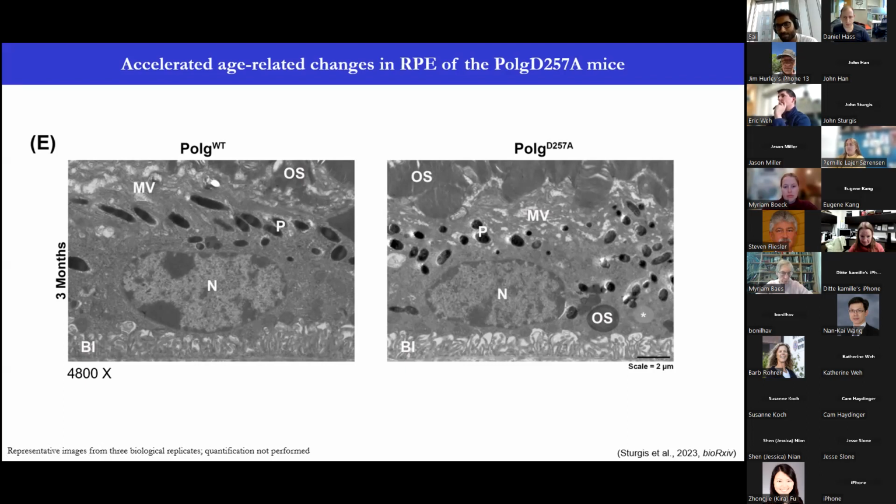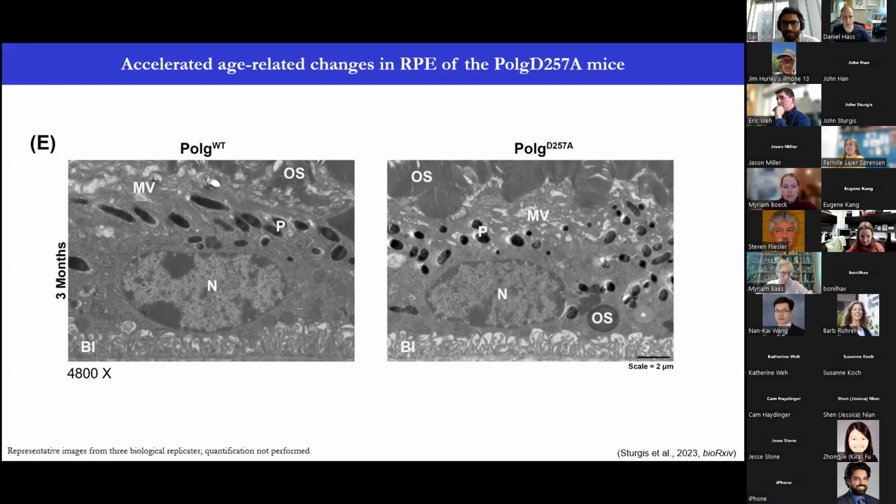Yeah. Well, the basal enfoldings and the microvilli problems could mean various things, but one of them is that the RPE might be dedifferentiating, either as a developmental problem or a degenerating problem. But that's probably not something you're looking at.